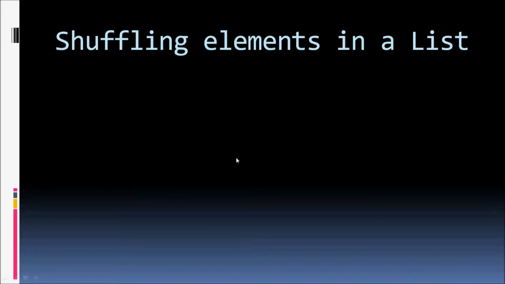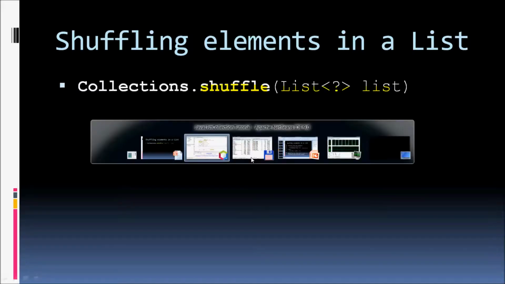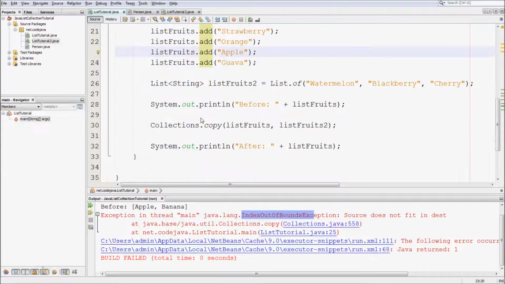To shuffle the elements in a list collection, we can use the shuffle method of the Collections utility class. This shuffle method randomly permutes the elements in the list here. Now let's see how to use this method and the result.